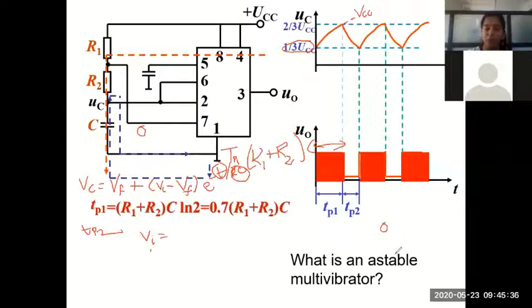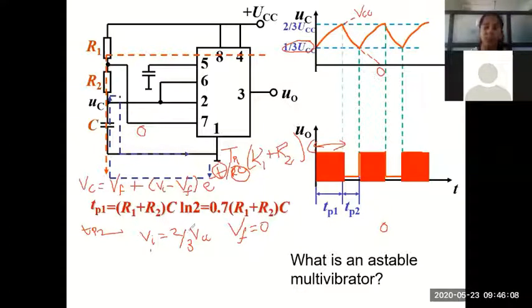So exactly, this capacitor is at 2 by 3 VCC when it has started discharging, and if we allow it to discharge completely, what will be the final voltage? The final voltage to which the capacitor can discharge is 0. So Vf will be 0 in this expression, and Vi is 2 by 3 VCC.